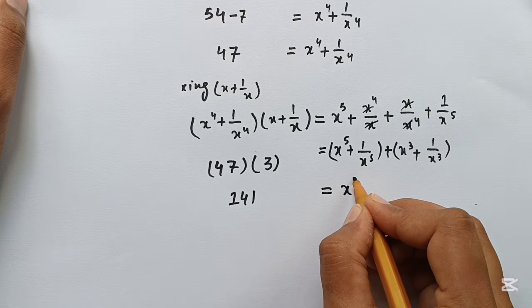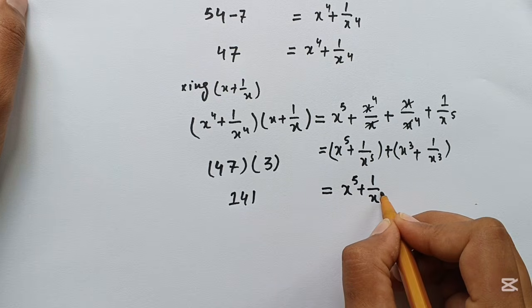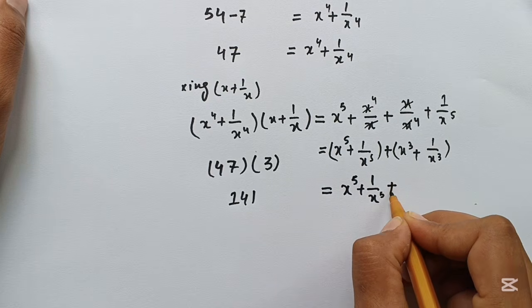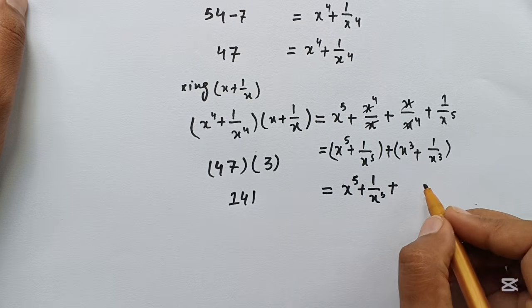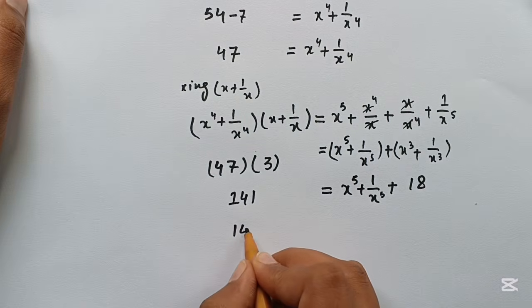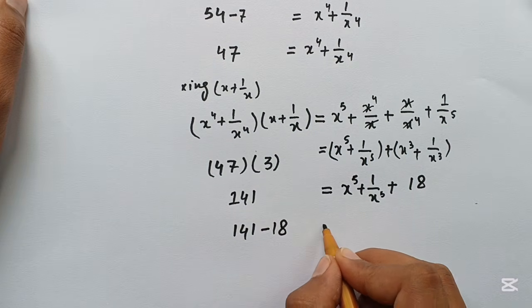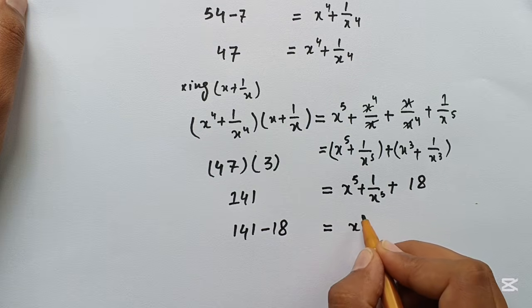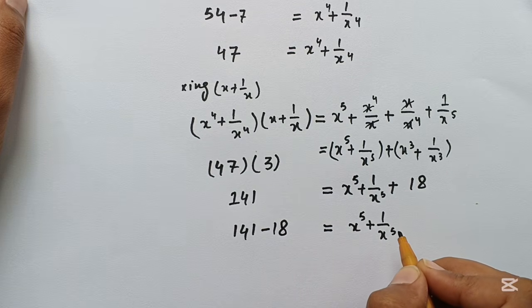141 equal to x power 5 plus 1 over x power 5 plus x cube plus 1 over x cube, whose value is from equation number 3, 18. Now plus 18 shifted toward the left hand side of this equation becomes minus 18, and remaining is x power 5 plus 1 over x power 5.